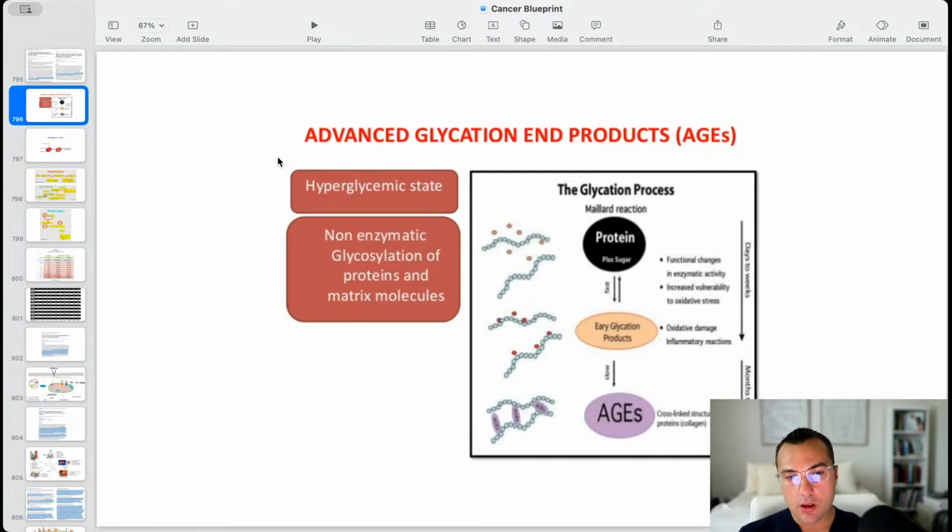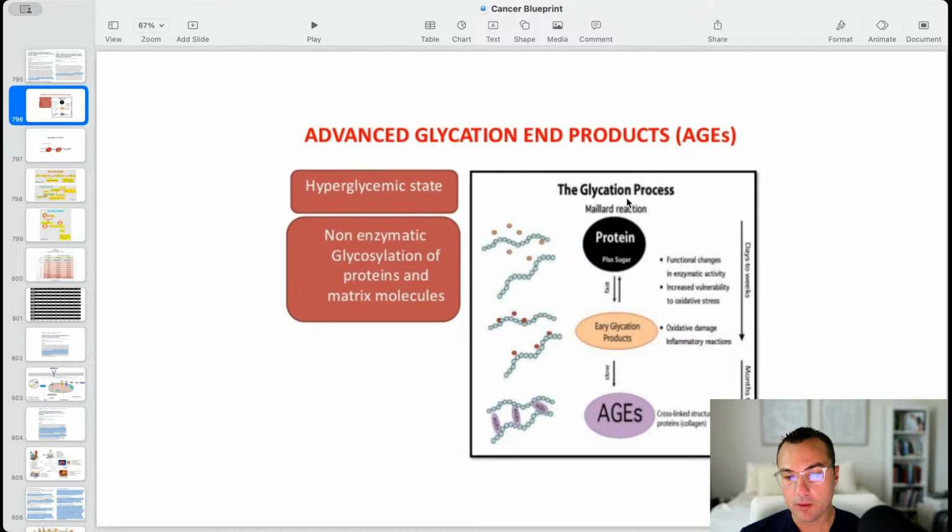There is a pathophysiologic state called advanced glycation end products, or AGEs. One of the big reasons why high blood sugar is a problem, apart from the insulin side of things, is that there is a process called glycation.